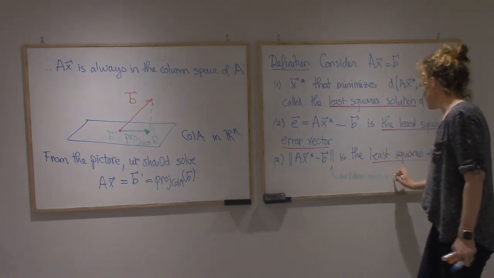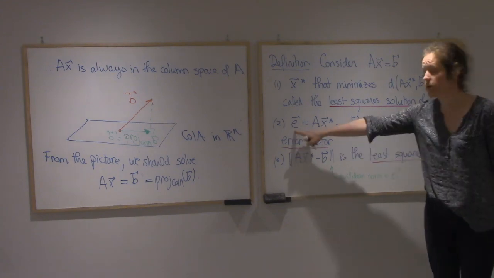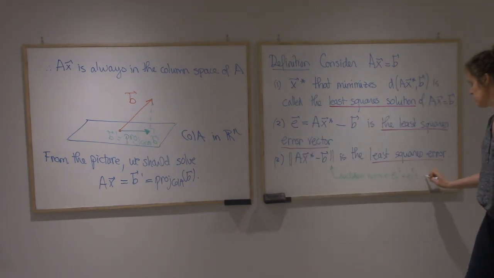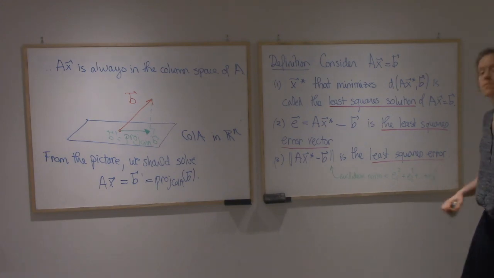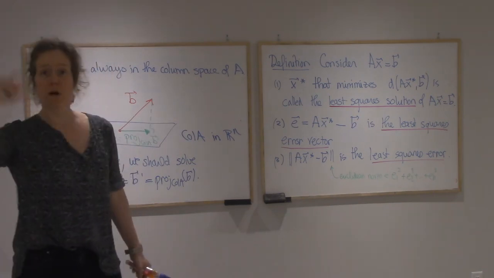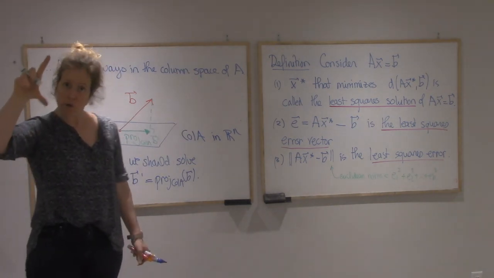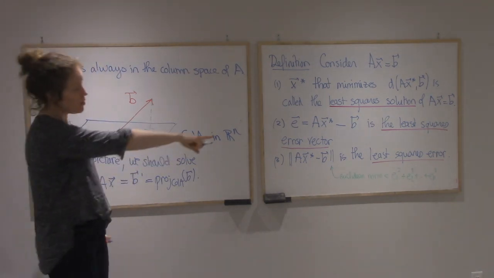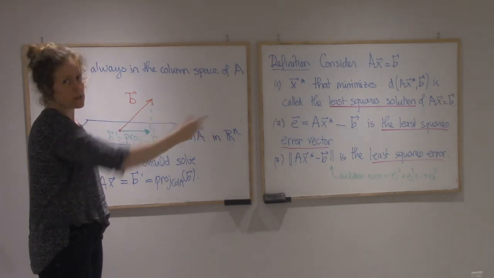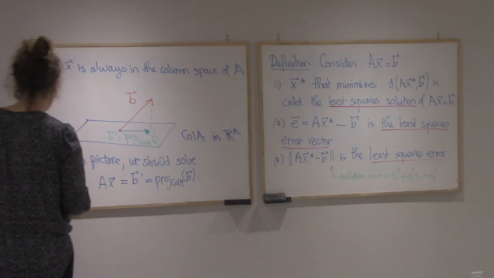And so it's really equal to e1 squared, where e1 is the first component, plus e2 squared plus en squared. And that's why it's called least squares: you look at the square of the error vector, and that error needs to be minimum. So we're looking at squares and taking the least possible size.